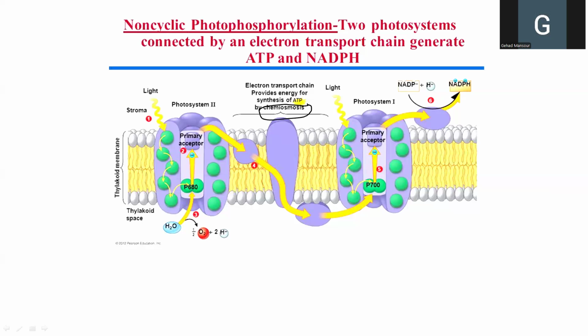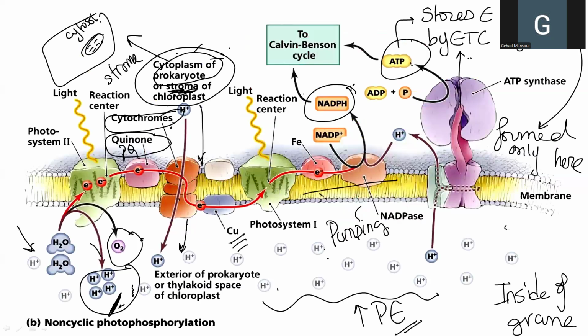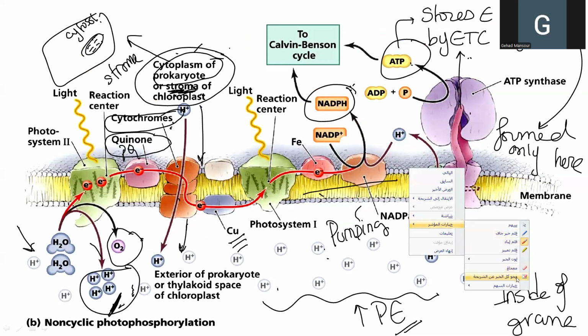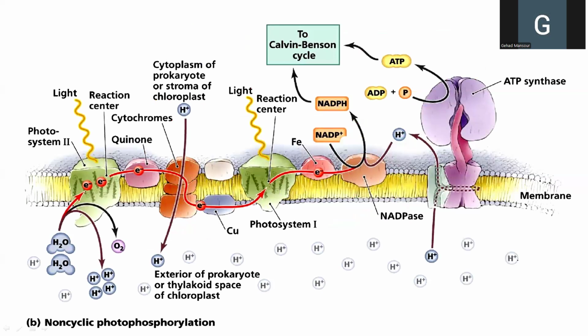Actually, chemiosmosis refers to the transfer of the protons down the concentration gradient along the ATP synthase. So this process of diffusion of the hydrogen ions down the concentration gradient is called chemiosmosis.